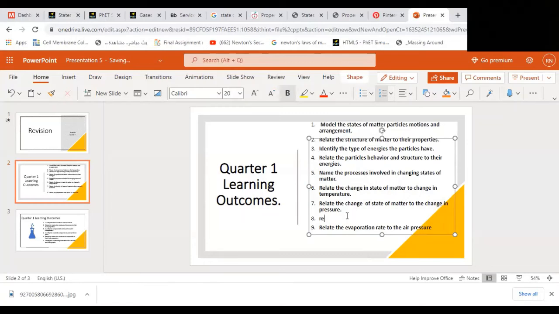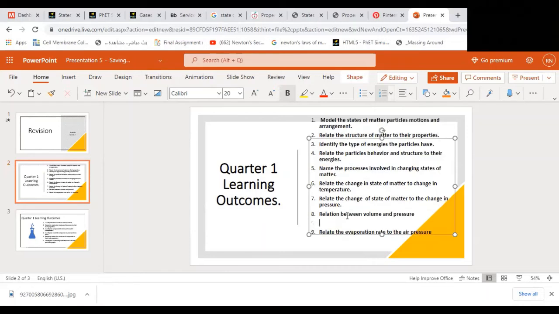Here, the relation between volume and pressure, and the relation between volume and temperature.